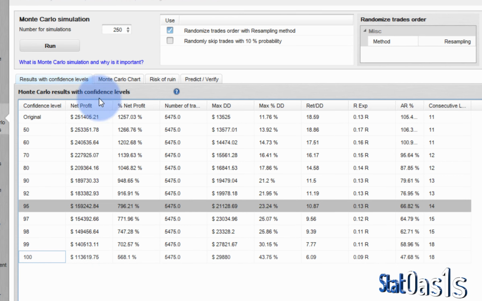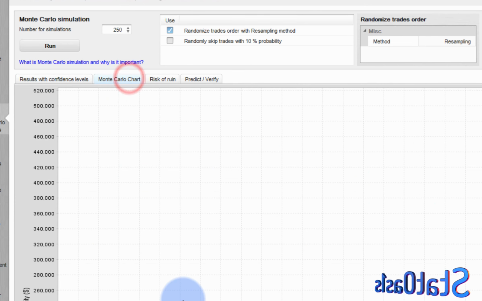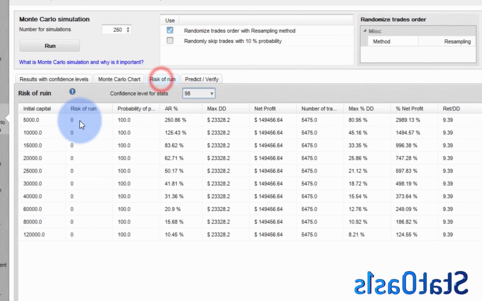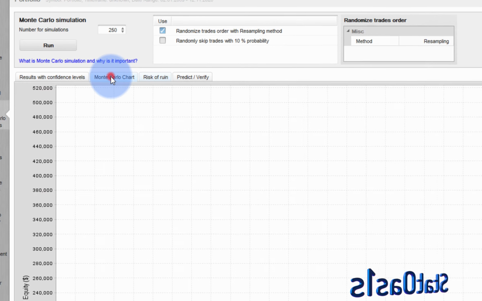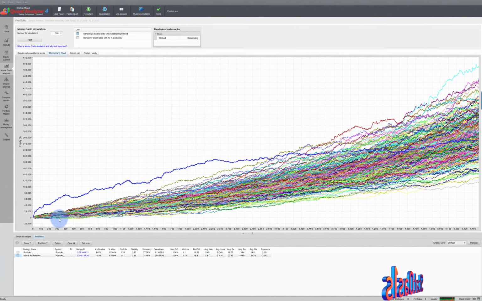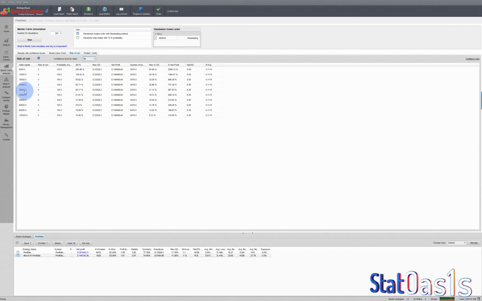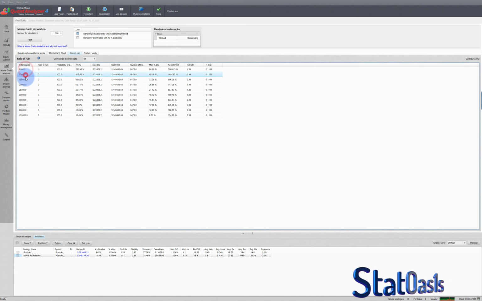And this is very important. This is based on a $20,000 account. So if you see the curves, I have zero risk of ruin because none of my curves goes below 5,000. So my risk of ruin starts at my initial account of 20, but at 5, at 10, at 15, this is the initial deposit.